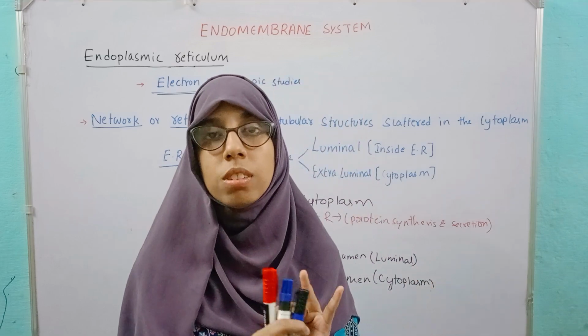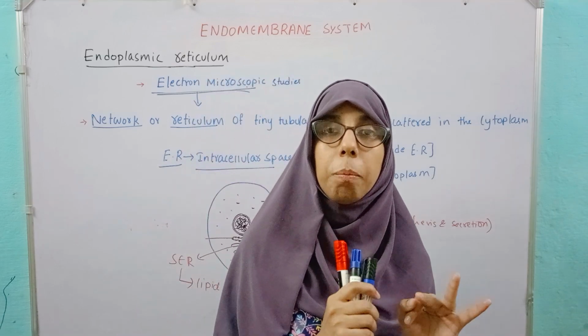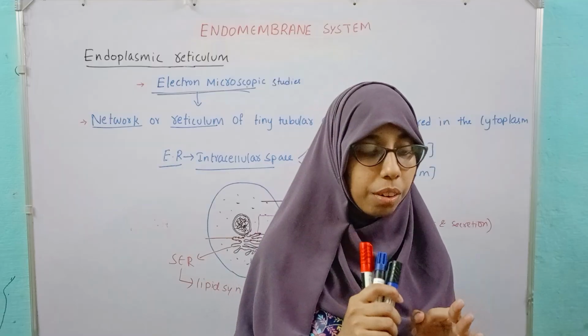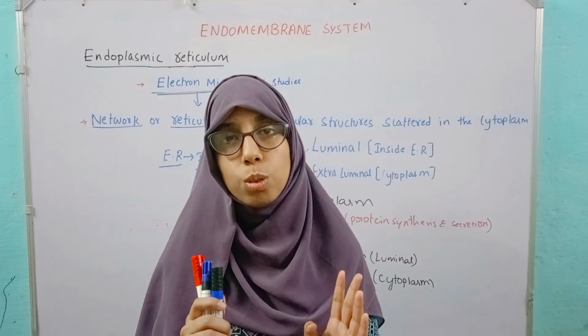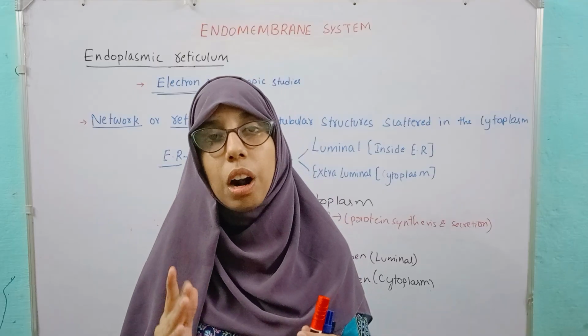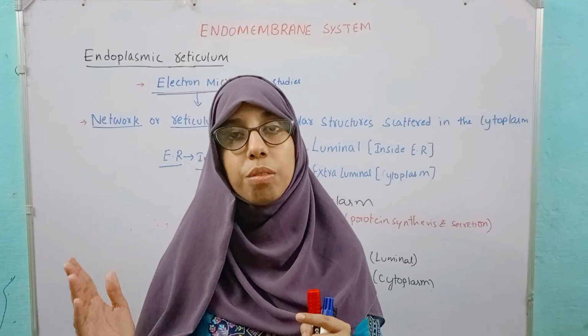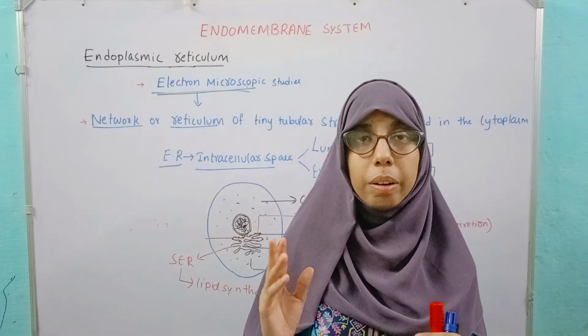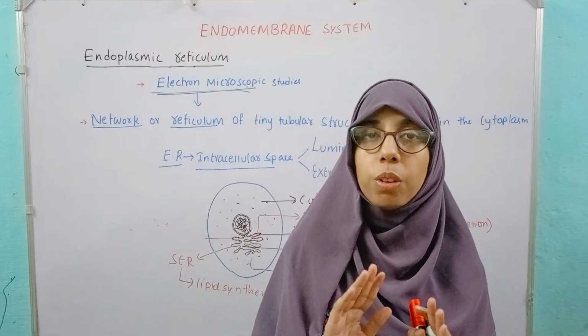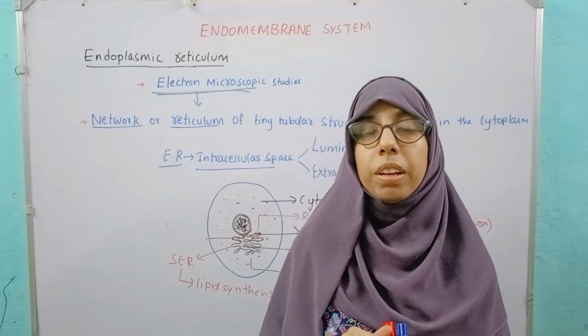V stands for vacuoles, G for Golgi complex, E for endoplasmic reticulum, and L for lysosomes. The organelles which do not form part of the endomembrane system we can remember using the trick MPC: mitochondria, peroxisomes, and chloroplast.